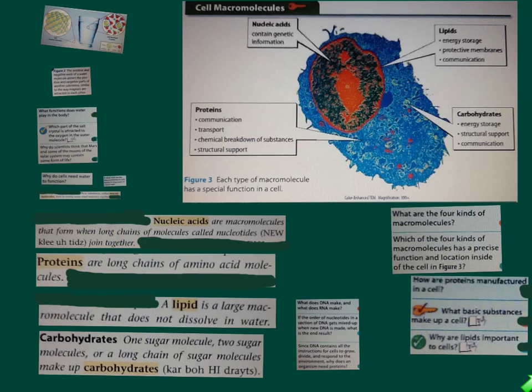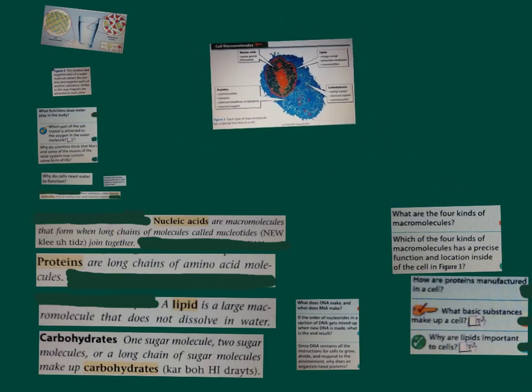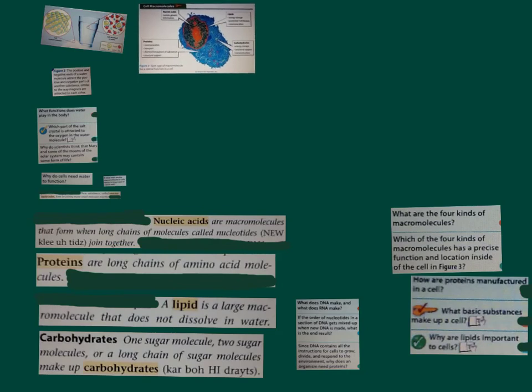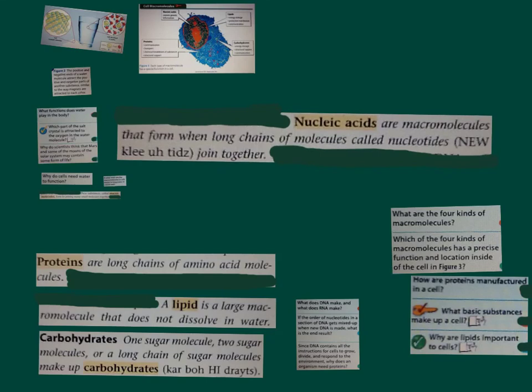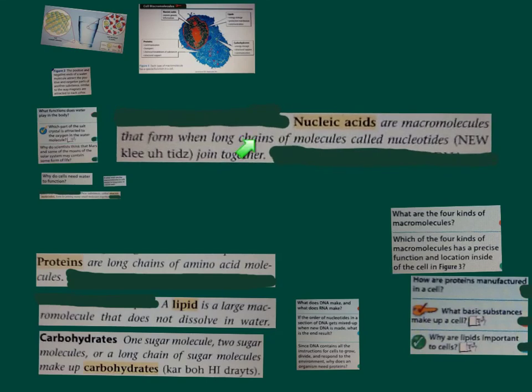Okay, so at this time it's time to write down another definition. Hold on just a second. Let's give us some room here to bring up our definition of nucleic acid. Okay, right here. Nucleic acids are macromolecules that form when long chains of molecules called nucleotides join together.